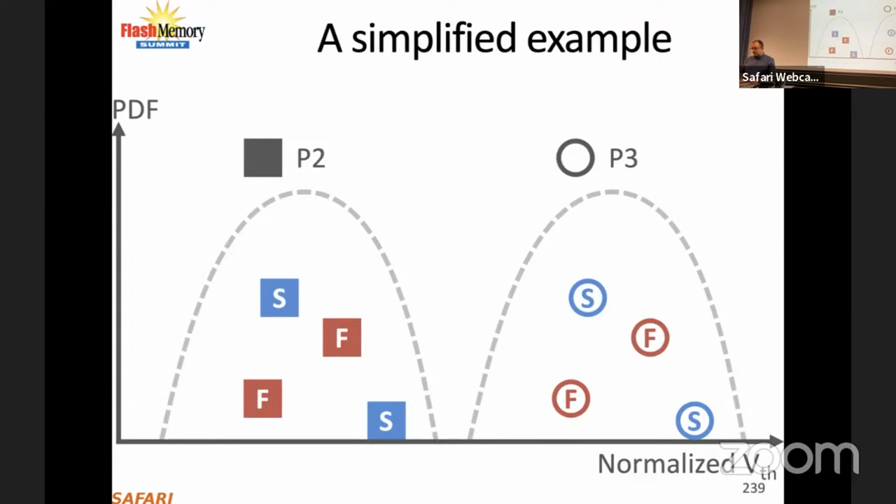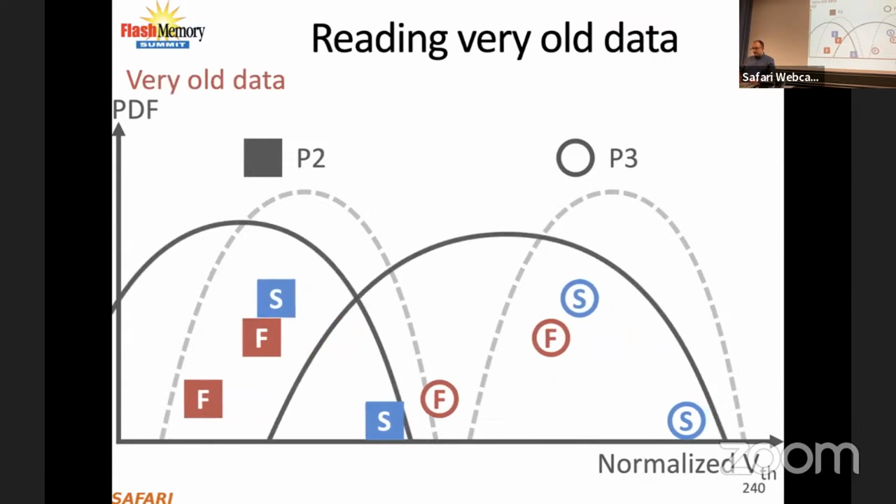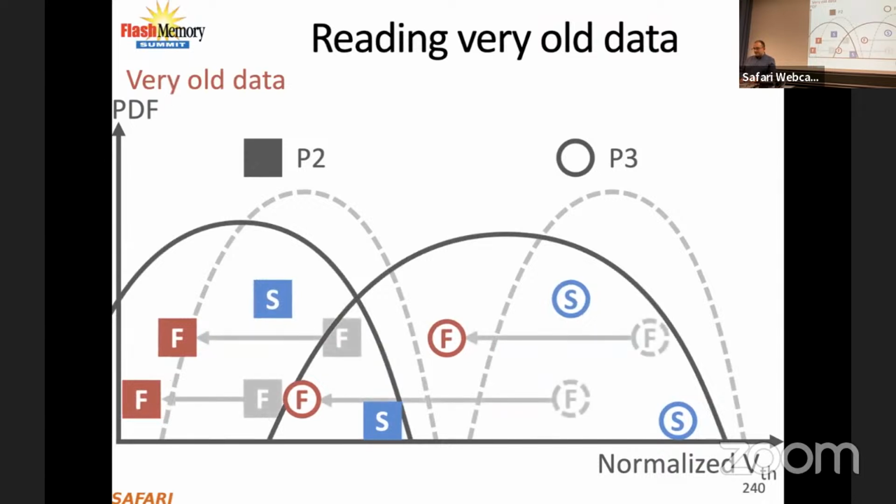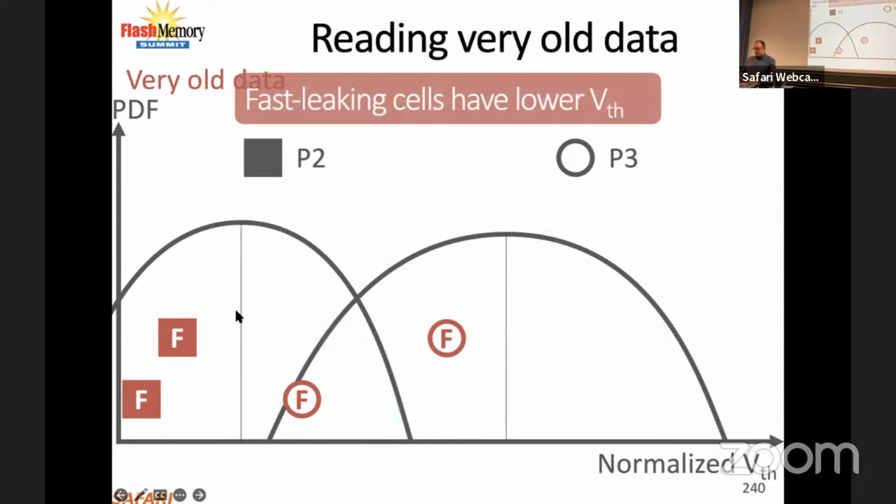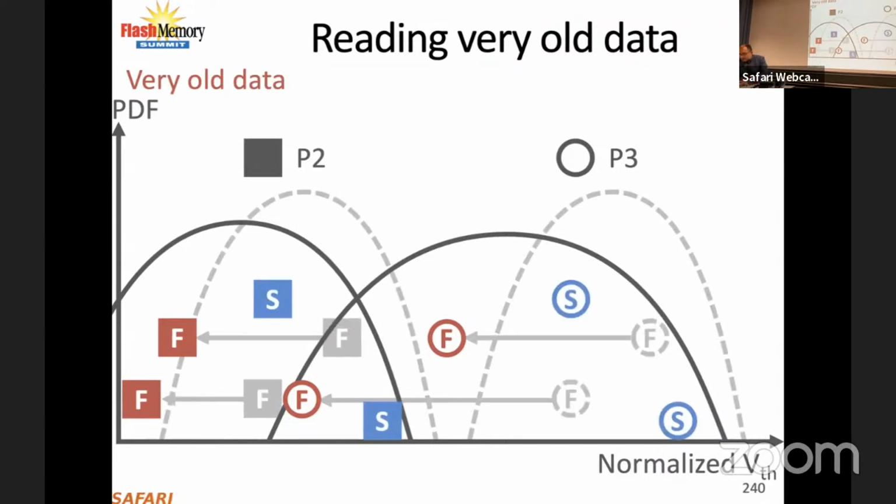Here is an example. After some time, you can see that these fast leaking cells reduce charge much faster, and they can go to the erase state, essentially, at some point. There are also some slower cells that don't move much. So now you can see that you can get some errors if you use, for example, the optimal reference voltage.